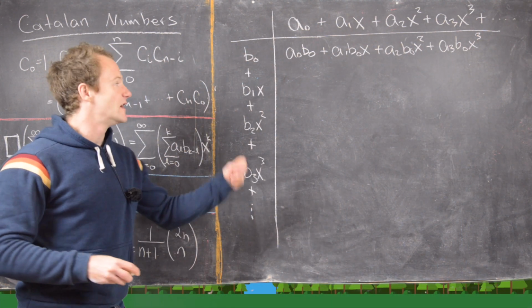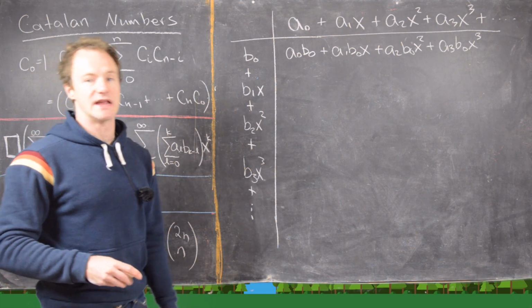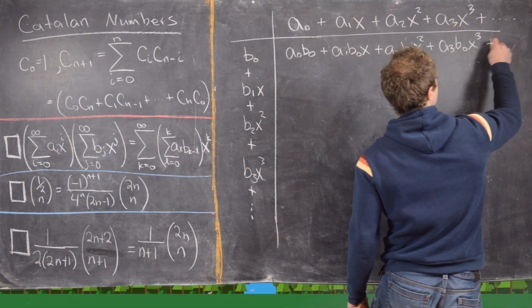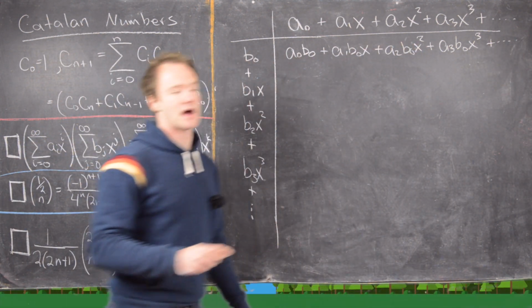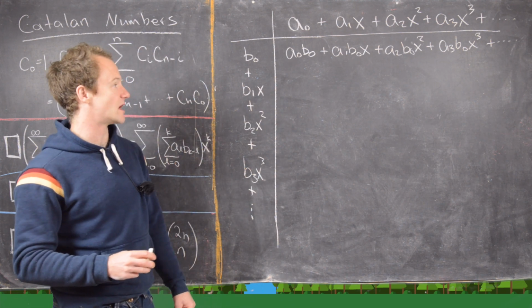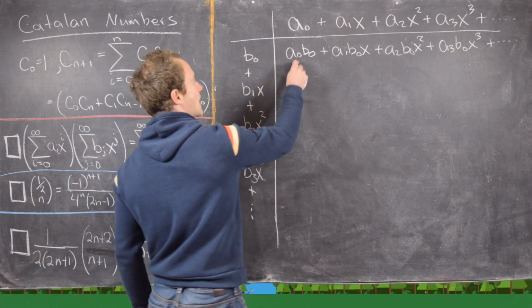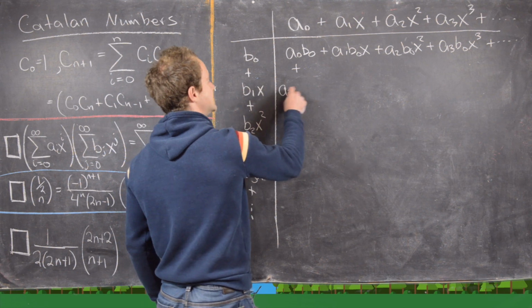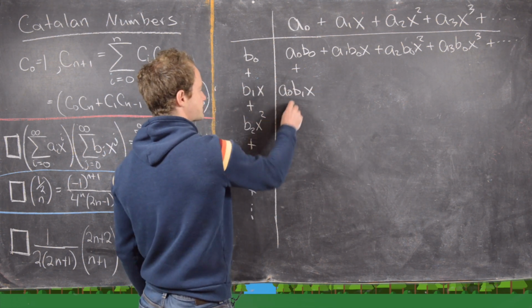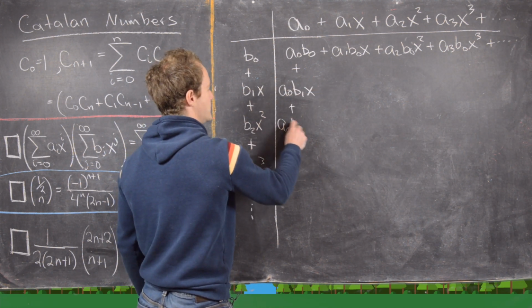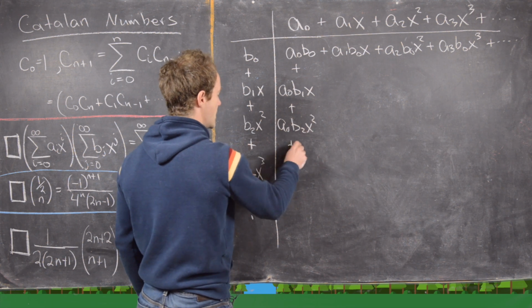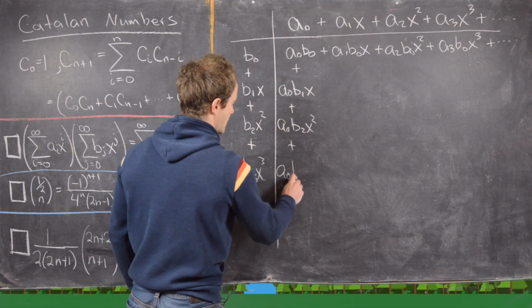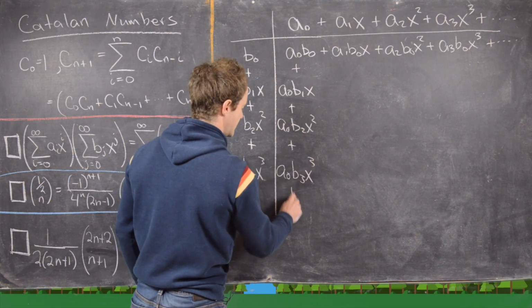Now we can fill in the rest of this array in a similar way. Here I'm going to put plus dot dot dot because that's an infinite sum. Down here I will get a0 b1 x plus a0 b2 x squared plus a0 b3 x cubed, and then all the way down.